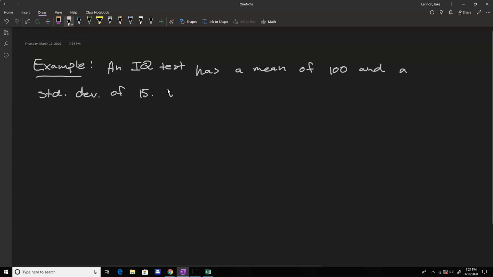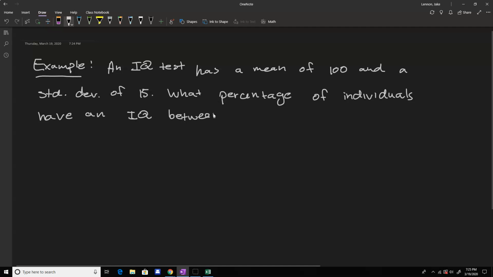What percentage of individuals have an IQ between, and we'll do a couple.